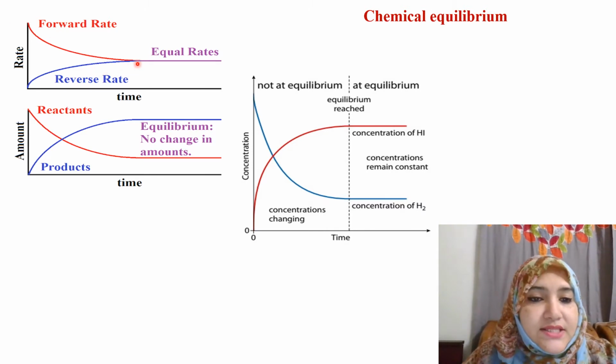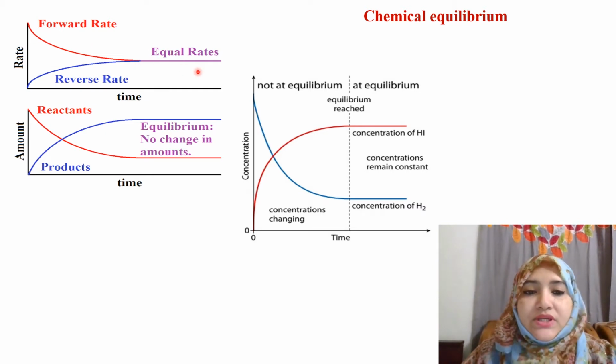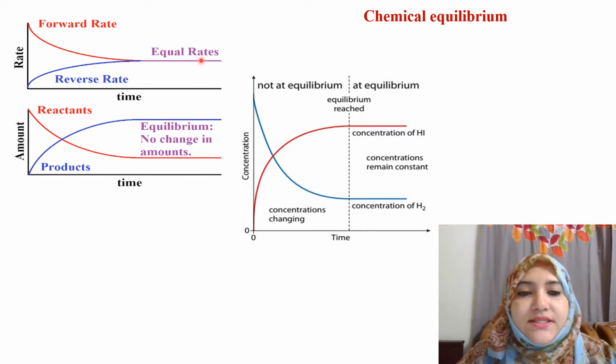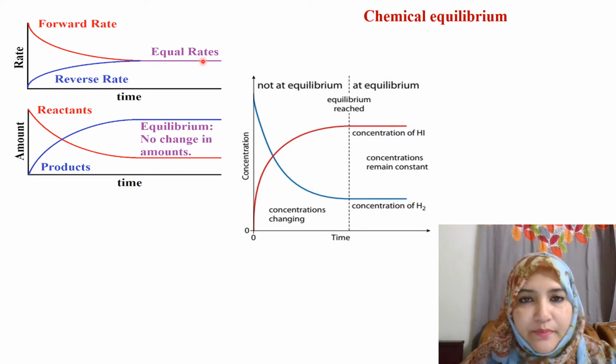At this stage, both the rate of forward reaction and the rate of reverse reaction become equal, and this point is known as chemical equilibrium.